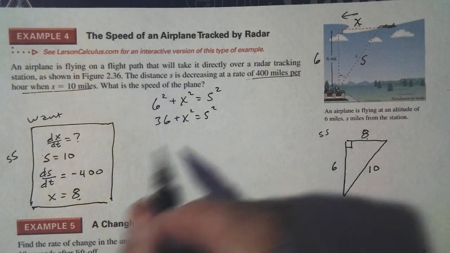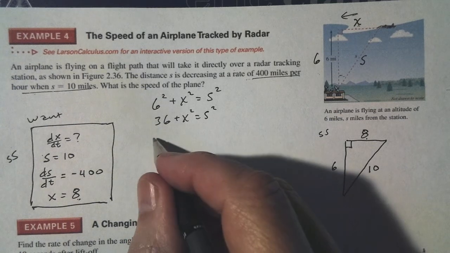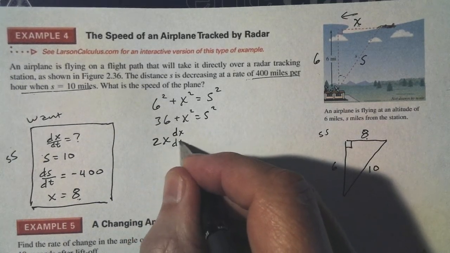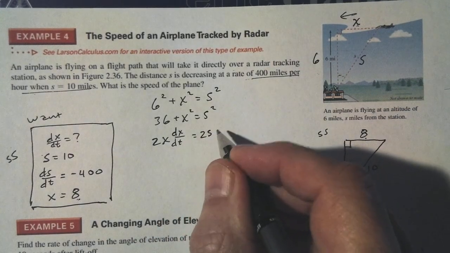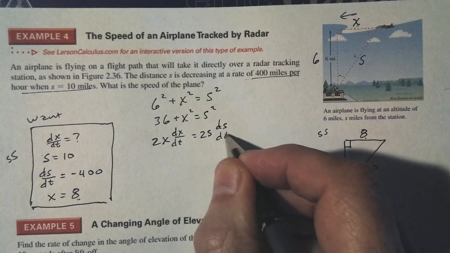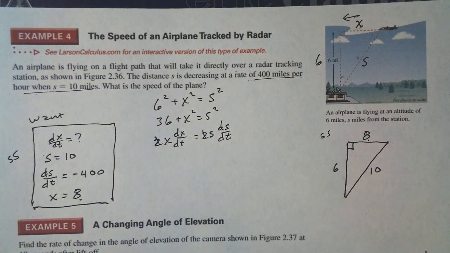Now let's take the derivative with respect to time. The derivative of 36 is 0. This is 2x dx dt equals 2s ds dt. The 2's can cancel on both sides.